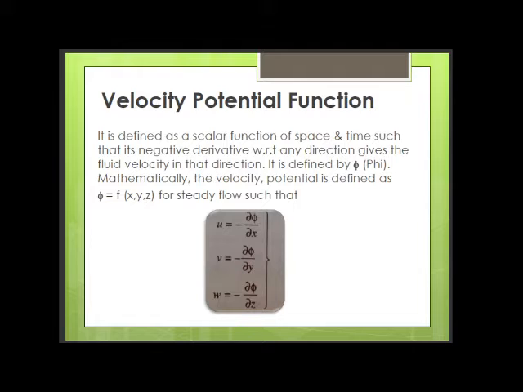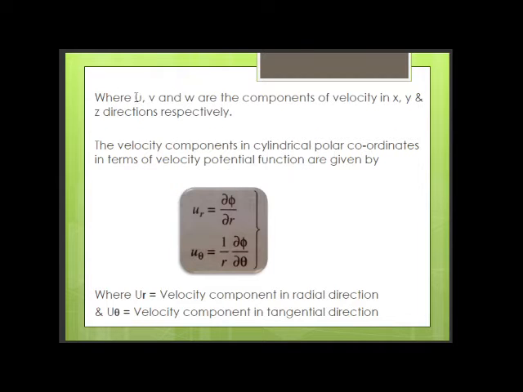In direction y, v is equal to minus dou phi by dou y, and w is equal to minus dou phi by dou z, for the z direction. These are the velocity components in all three directions with respect to the velocity potential function.